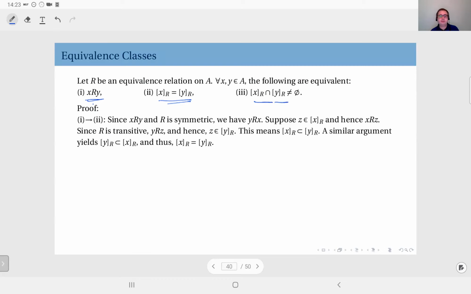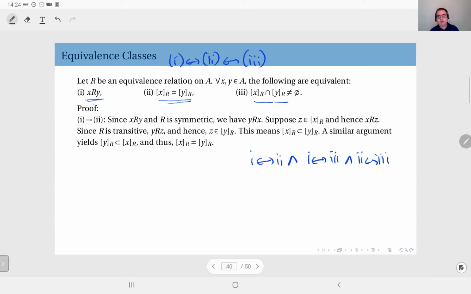These three statements actually imply each other. So we have biconditionals all the way: 1 biconditional 2, 1 biconditional 3, and 2 biconditional 3.